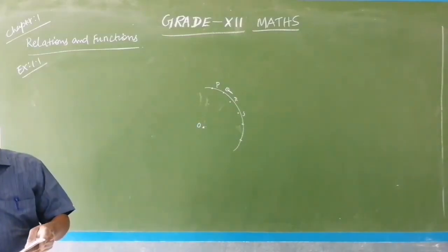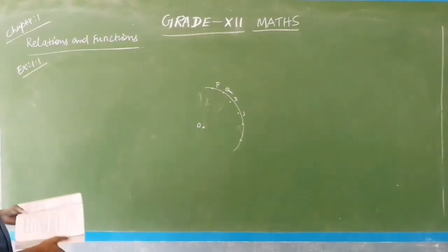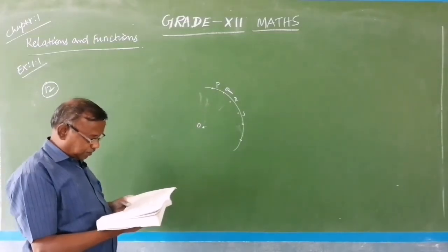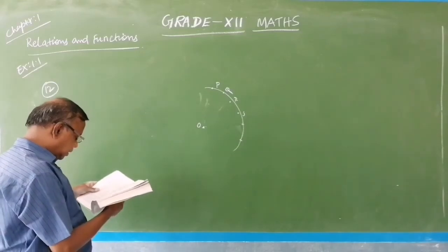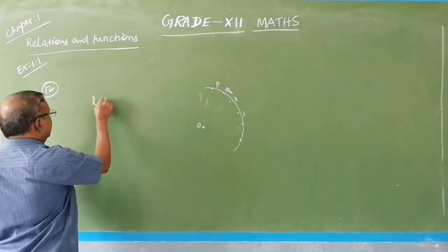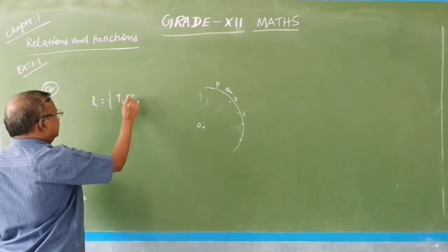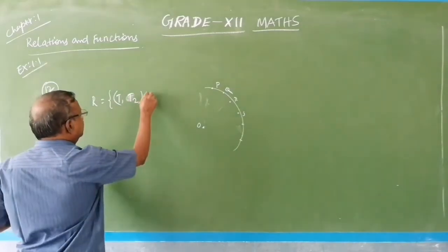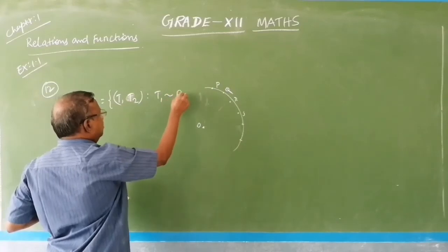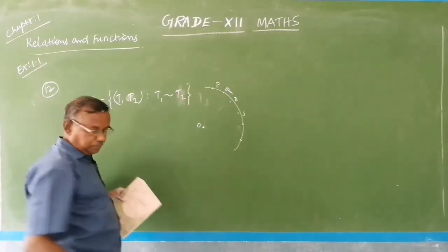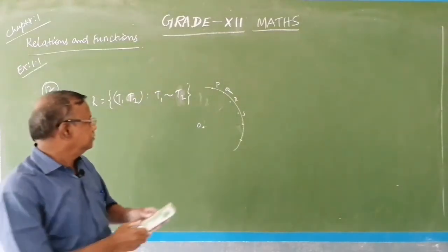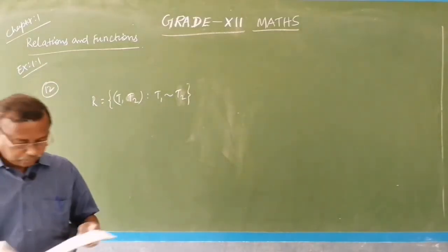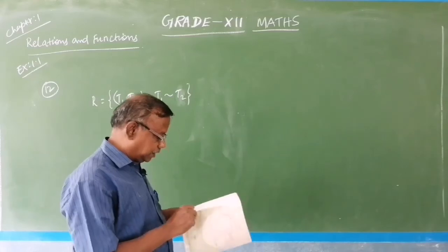Question number 12. Show that the relation defined in the set of all triangles, that is R equals (T1, T2) such that T1 is similar to T2, is an equivalence relation.